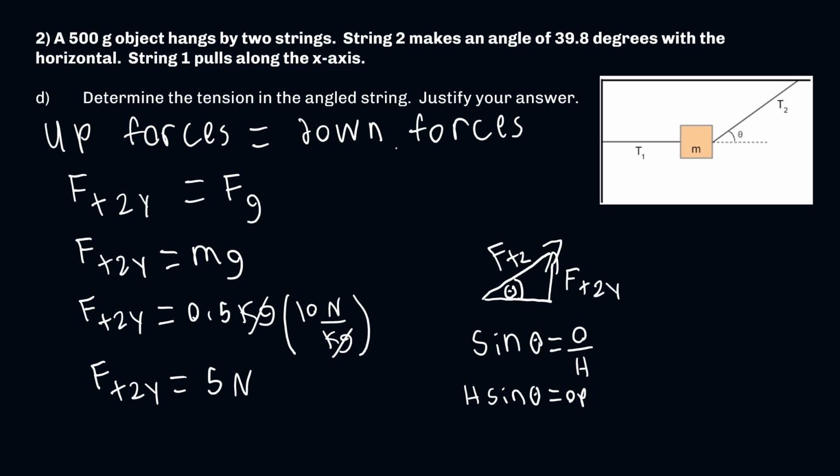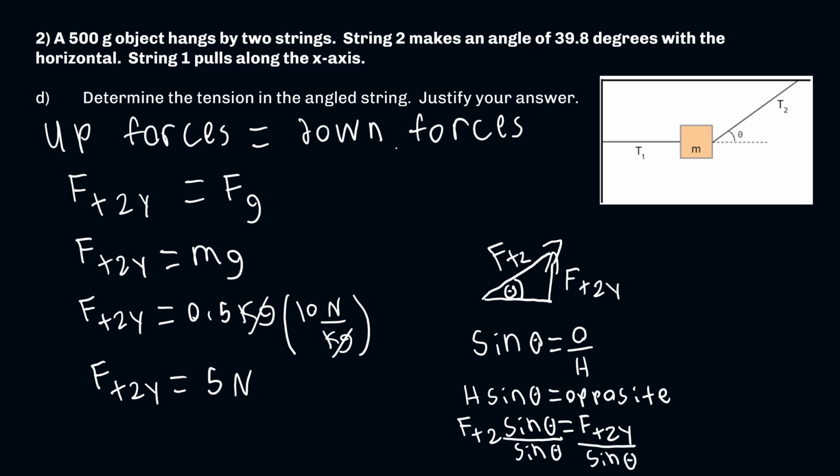So let me write this out as actually opposite so we don't get confused here with 0. So my hypotenuse is Ft2, and I have Ft2y. So what do I have to do to solve for Ft2? Divide by sine theta. It's multiplied by Ft2. They're connected by multiplication. You do the opposite, which is division, and you get your answer.